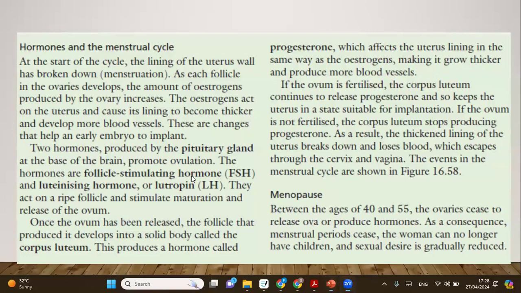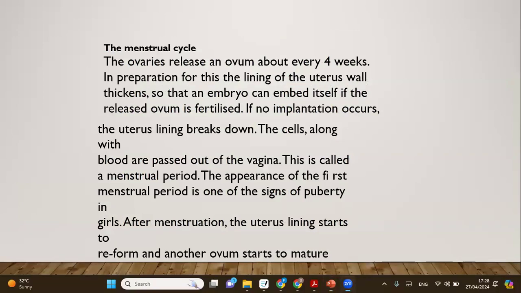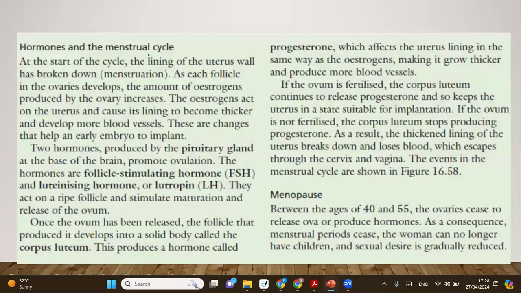One is your follicle stimulating hormone, that's FSH. The other one is your luteinizing hormone, that's your LH. So FSH and LH are the two major hormones that you should know about. Other than these two, we are going to be talking about progesterone and estrogen. So four hormones that you have to know about.